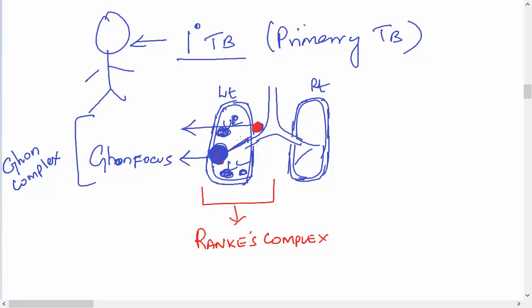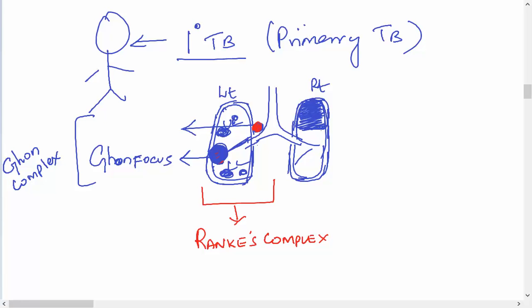Or if the person gets reinfection, they usually go to the apex. Why is it going to the apex? Because oxygen is needed for the mycobacteria.